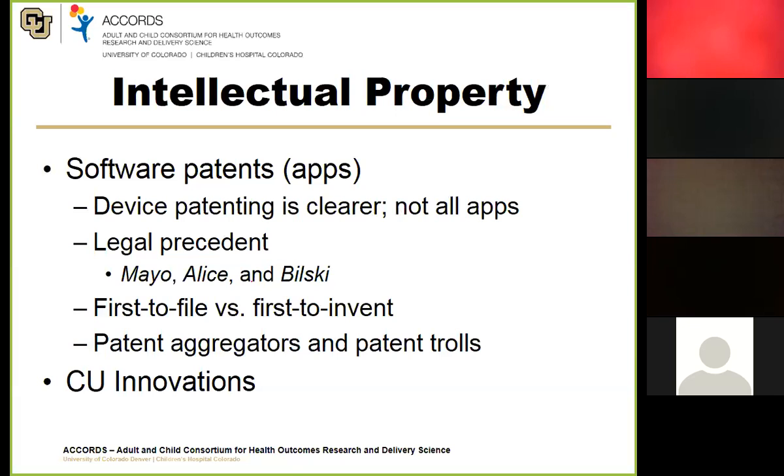So this is a little bit of a complicated area, and I urge anybody doing mHealth research, if you think that you have something that could be protected, talk to CU Innovations. Talk to them early, talk with them often, because the way patent law in the United States works is that it's not the first person who invents it who necessarily gets the intellectual property. It's the first person who files the application.